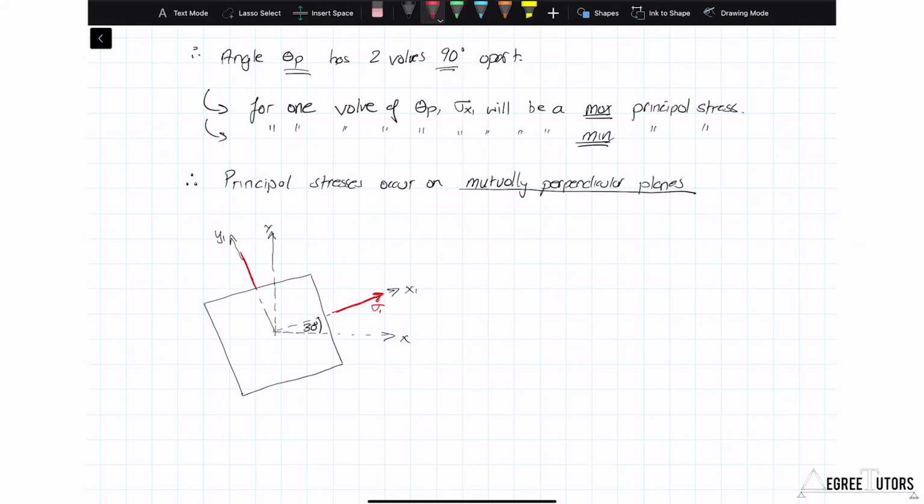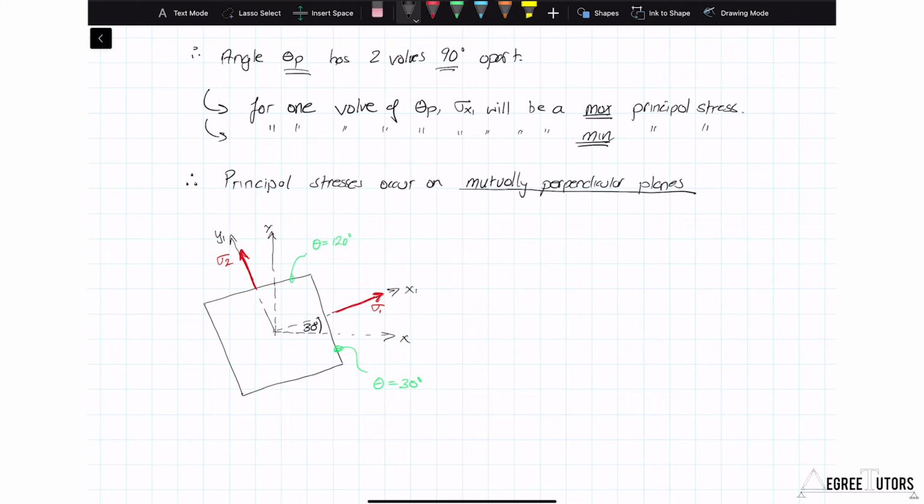And those are the 2 points that we saw on that plot, right? So let's call that sigma 2. So this face here is orientated at theta equal to approximately 30 degrees, and this face here is orientated at theta equal to approximately 30 plus 90, which is 120 degrees.